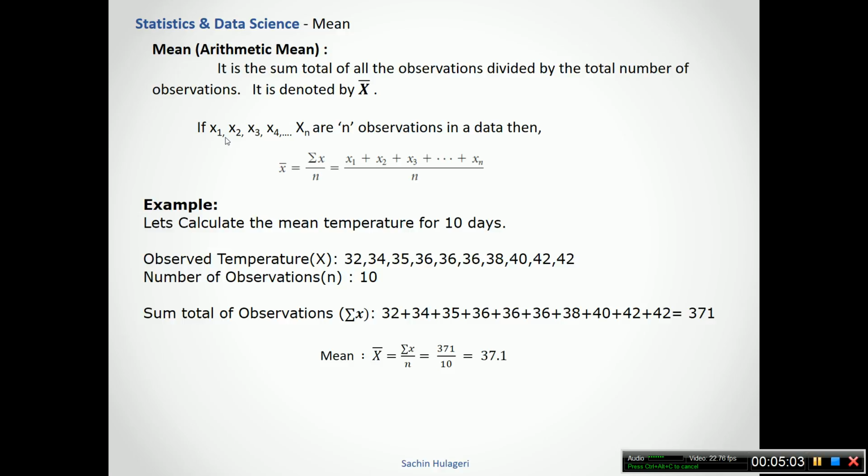The total sum of the observations is 371, and the mean temperature is the total sum divided by the number of observations, that is 371 divided by 10, which is 37.1. This represents the average over the last 10 days. One day it may be 42, another day it may be 32, but when we consider the average, we say the common representative temperature is 37.1.